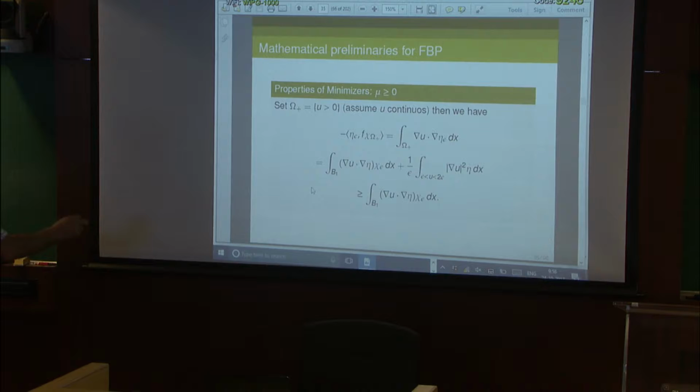The verification of that has to do with the fact that Laplacian of u equals f in the set where u is strictly positive. That's the reason. And in the weak sense.